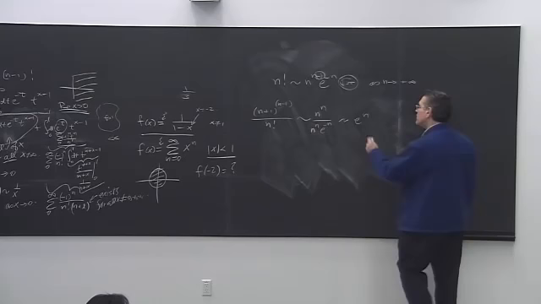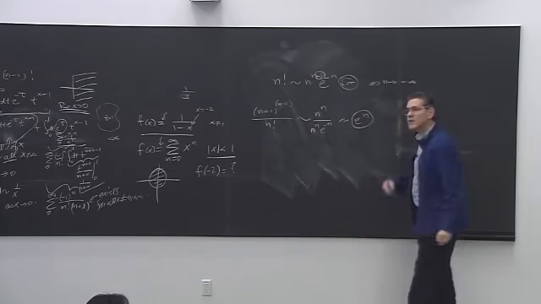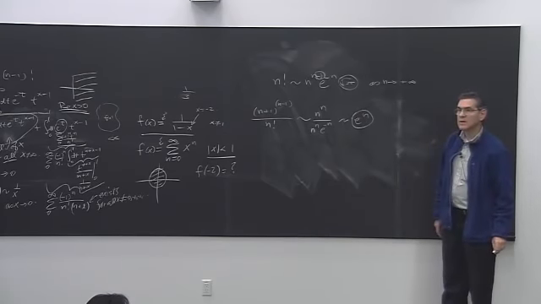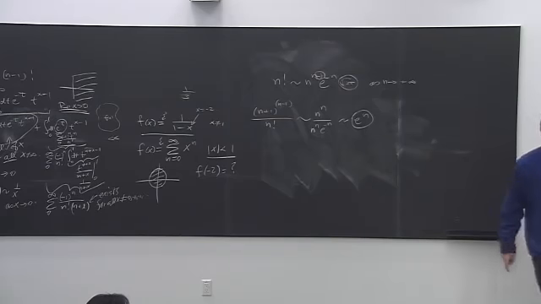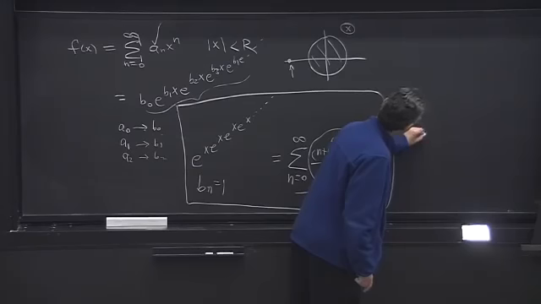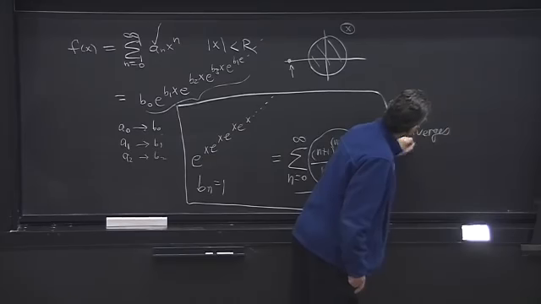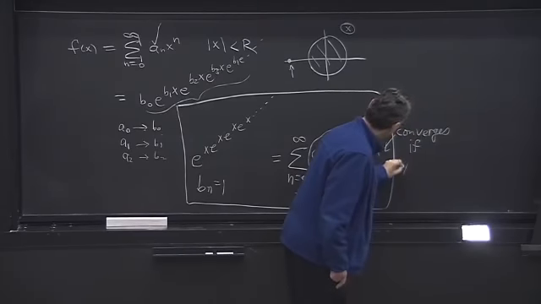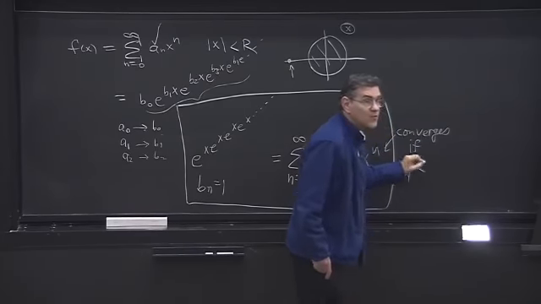So the nth coefficient is growing roughly like e to the n. So this series converges if x is less than what?